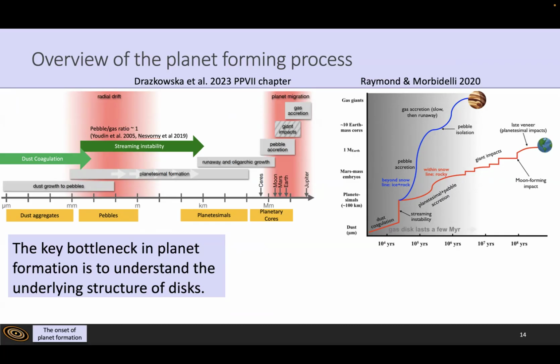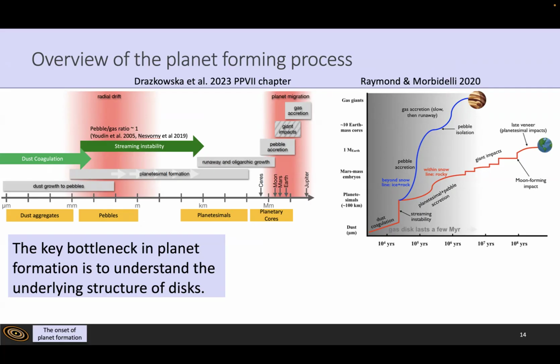So people came up with ideas such as streaming instabilities, having the pebbles get a dust-to-gas ratio of 1, and then you can quickly form larger planetesimals. And then with planetesimals, you have pebble accretion continue, and once the central core reaches the isolation mass, you have runaway gas accretion, and this will eventually form a giant planet.